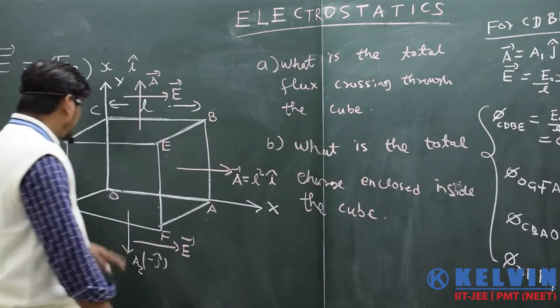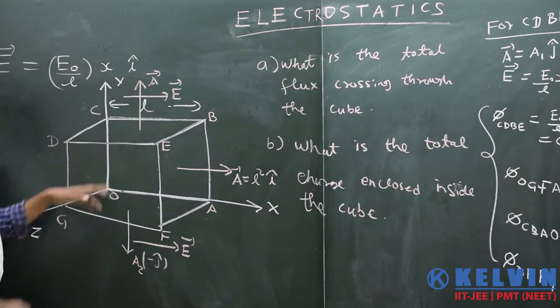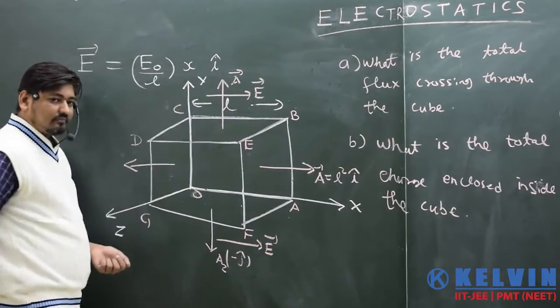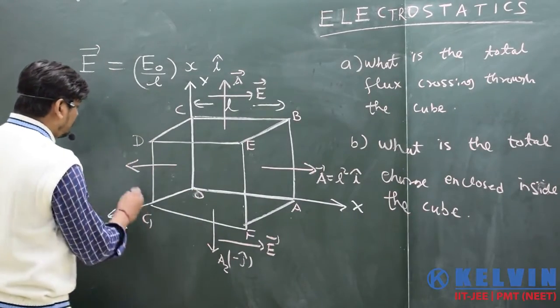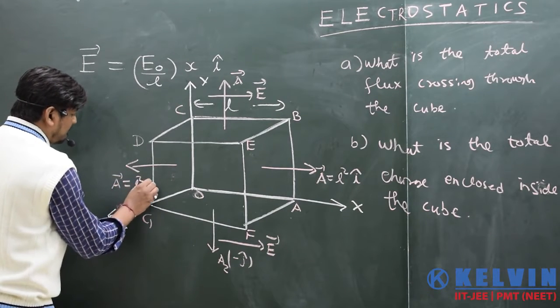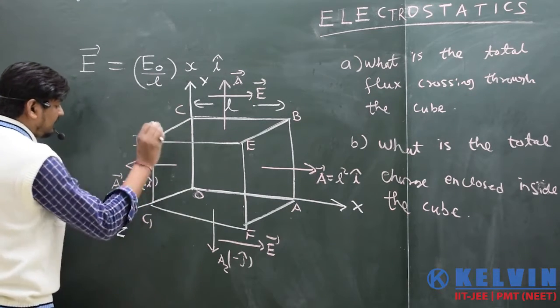Then what would happen to this surface? The outwards normal will be like this, and that will be equal to A equals L square minus I cap.